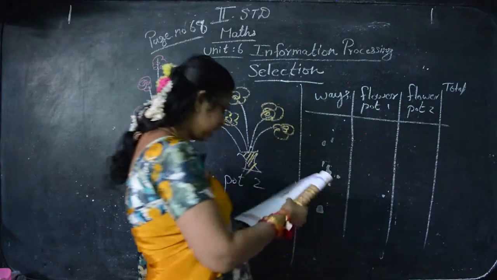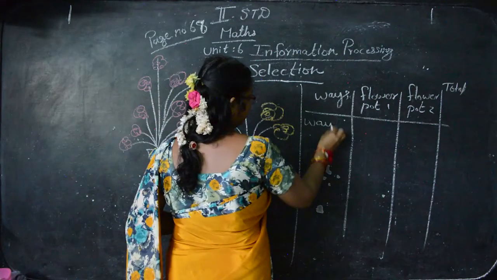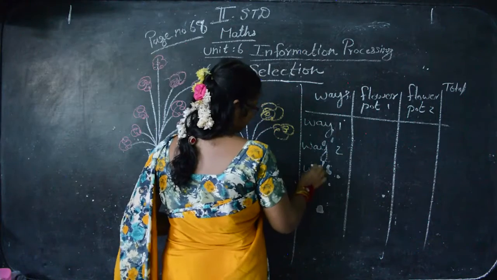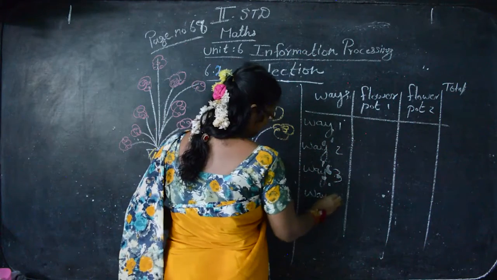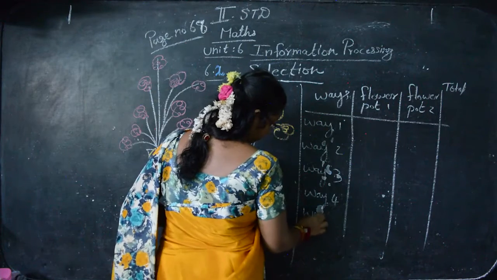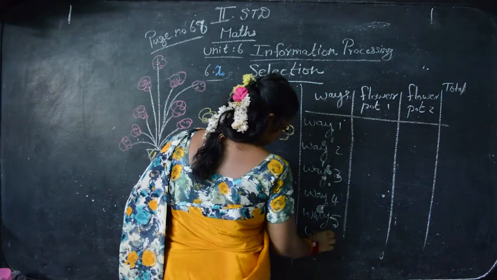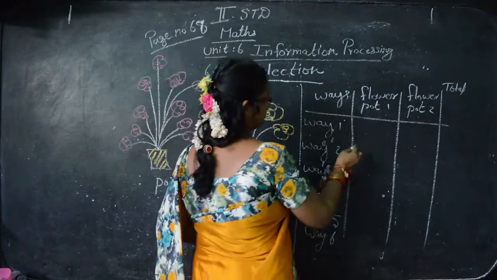How many ways are there in total? 6 ways we are going to do. See here. Way 1, way 2, way 3, way 4, way 5, way 6. Okay children, see here.